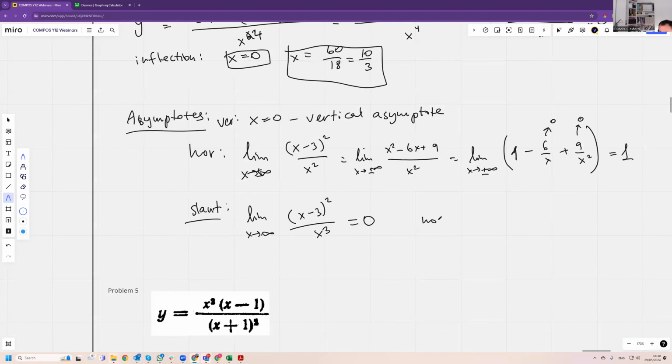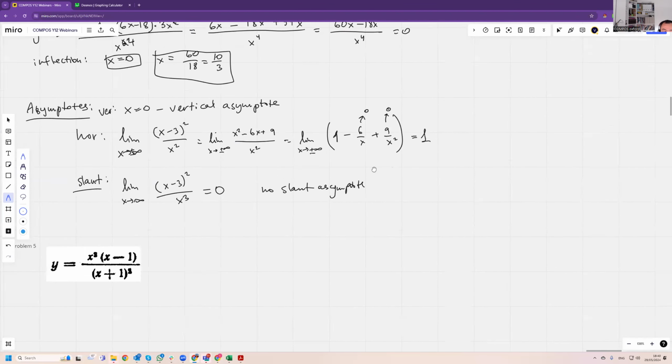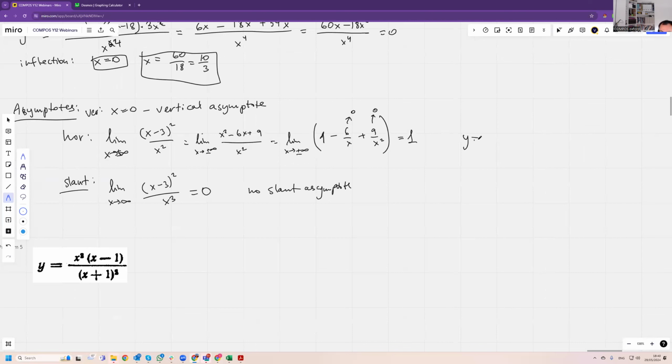So no slant asymptote. All right, so the horizontal asymptote is y equals 1, on the left and right. Okay, lovely. Moving on.